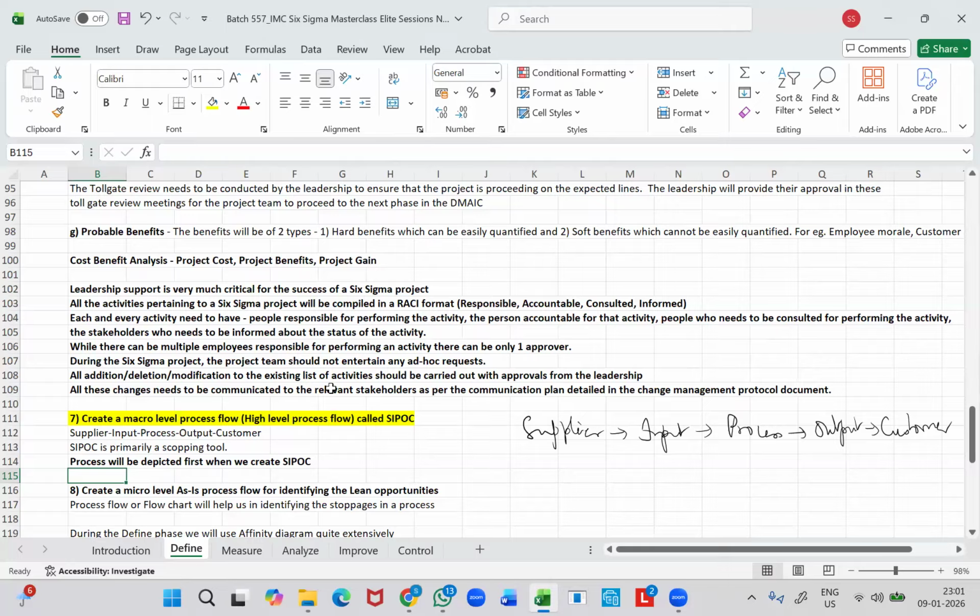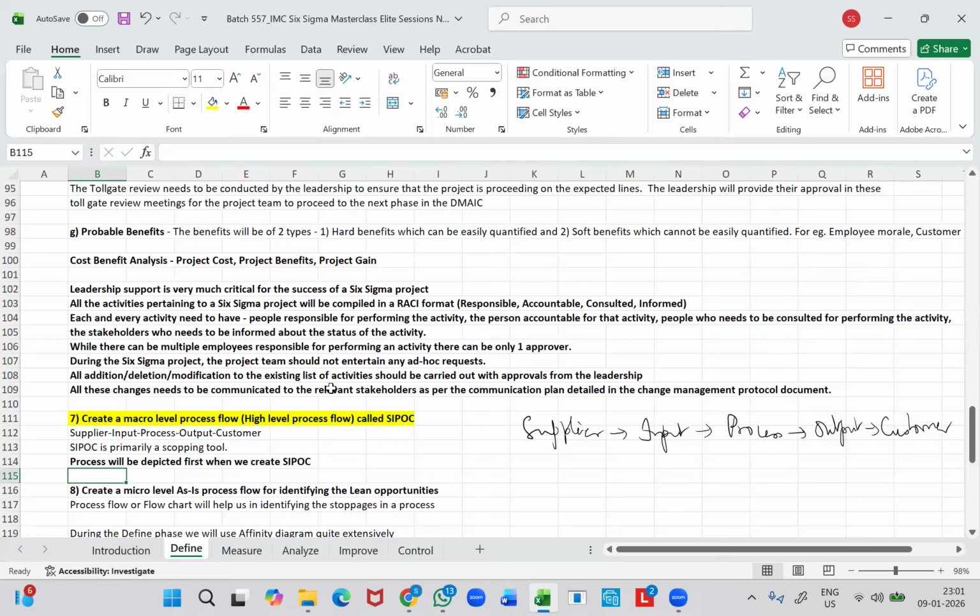So SIPOC, as we can see, is primarily a scoping tool. So when we look at the SIPOC diagram, people can easily understand what is the process area that has been considered for improvement in this project exercise. So in this example that we saw, when we performed the CTQ drill down, we could identify that sub-processes A and B are the ones which we need to focus on for necessary improvement.